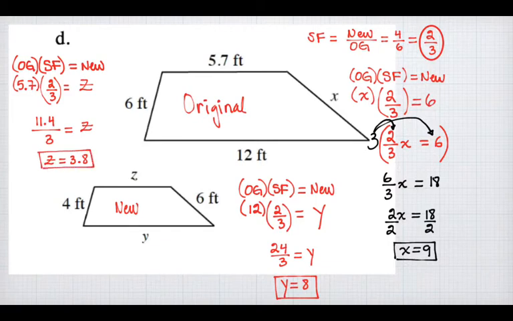And now we've figured out the value of x, the value of y, and the value of z. And all we had to do was decide which shape was going to be the new and which shape was going to be the original. Then we figured out the scale factor. Once we had the scale factor, all we do is follow this formula, original times scale factor equals new, and you can find the value of x, the value of y, and the value of z.